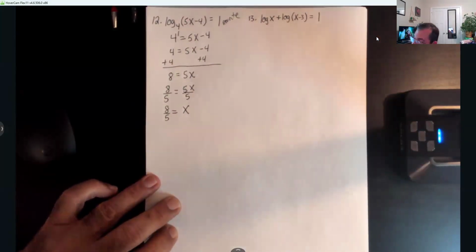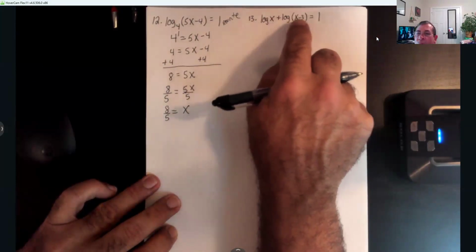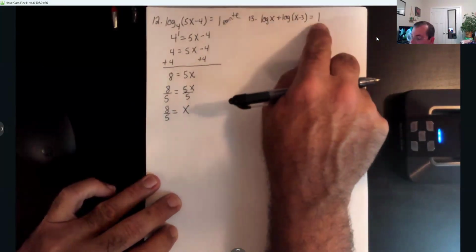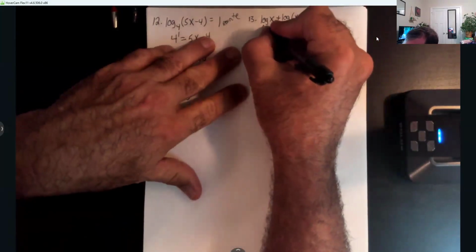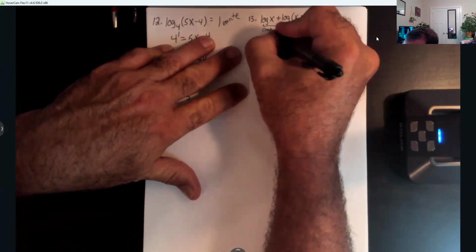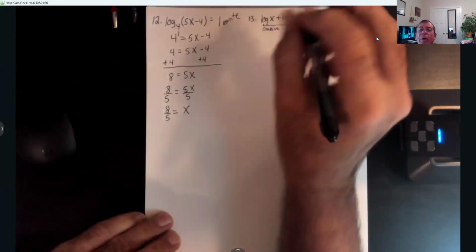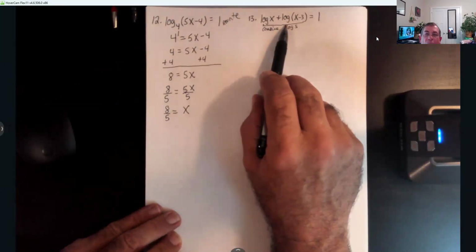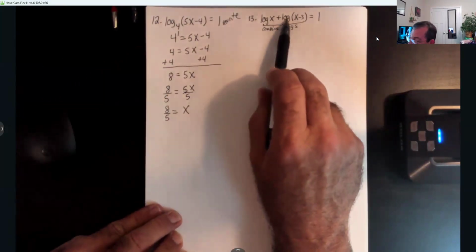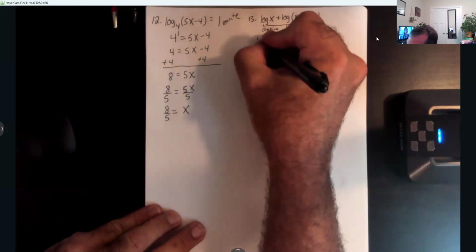So y'all, the very first step said, if needed, combine logs on either side of the equals. Well, over here, I got 2 logs, so I need to combine the logs here. We need to write these as a single logarithm. So you got a log on both of them, so bring out the log.